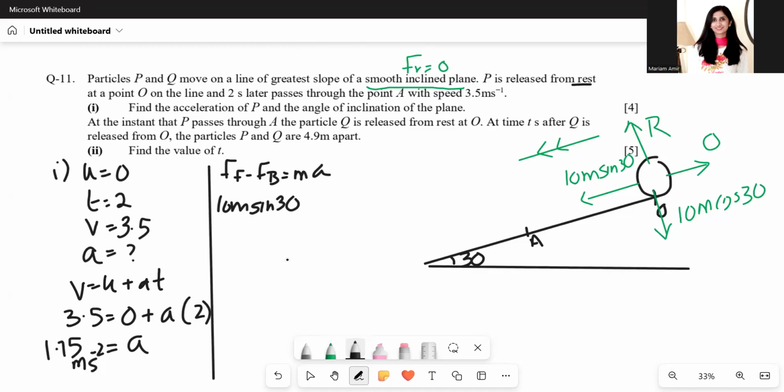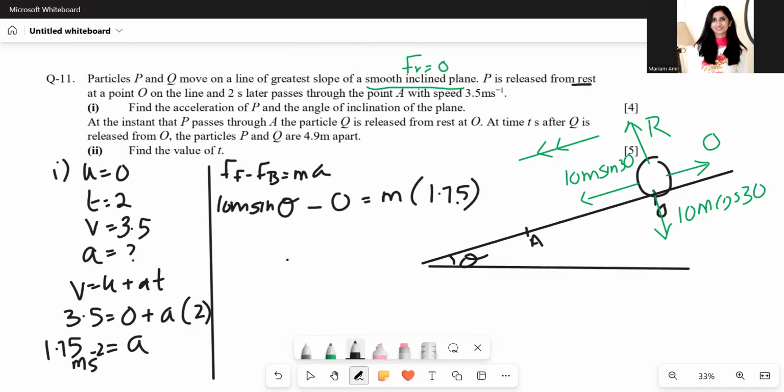Sorry, it's not 30. Why did I write 30? It's theta. The angle is not given to us. So this is theta, and this is also going to be theta. Call it theta or x or whatever you want to. So 10m sine theta minus backward force, which is 0 since there's no friction, is equal to mass times acceleration, which is 1.75. So m and m cancel out. Sine theta would be equal to 0.175.